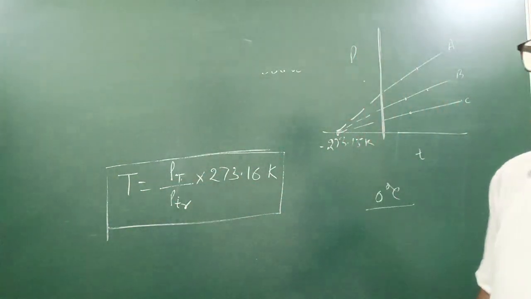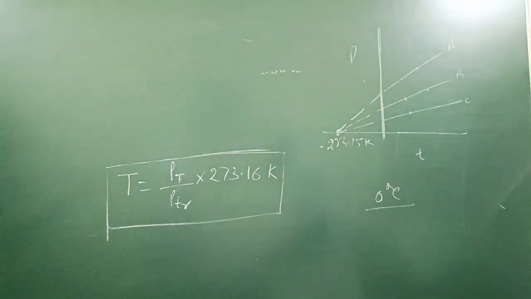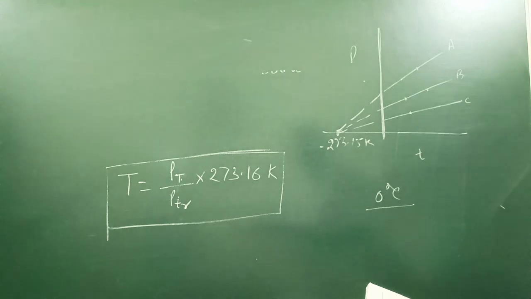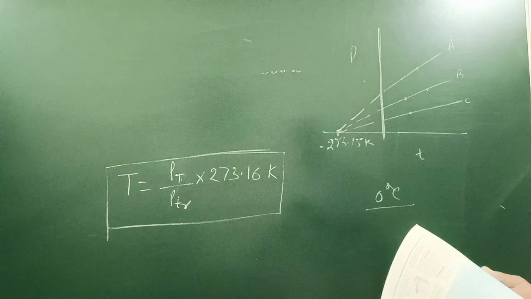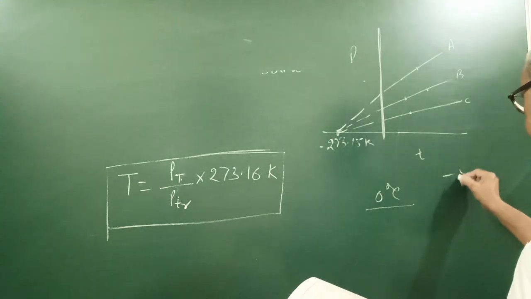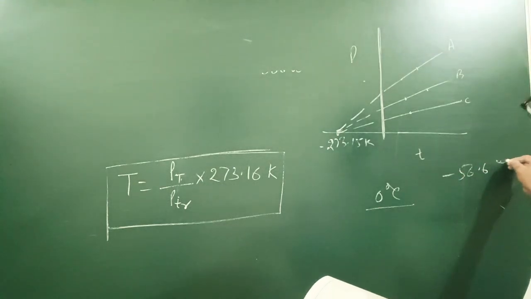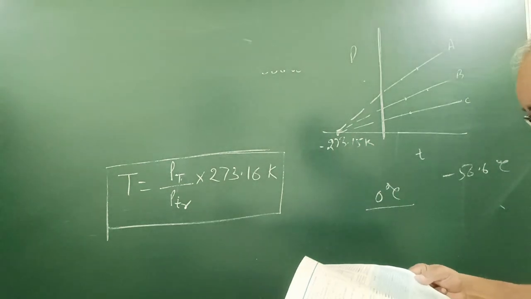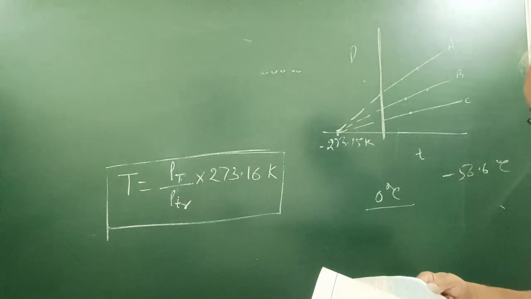And remember the triple point. For water it is 273.16 Kelvin and 0.006 ATM, where ATM is atmospheric pressure. For carbon dioxide, it is minus 56 degree centigrade and 5.11 ATM.